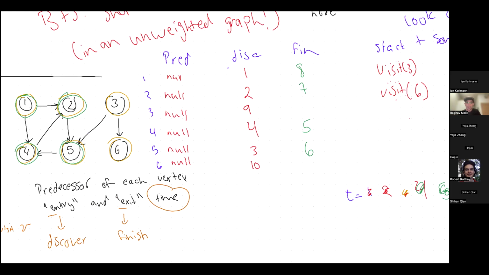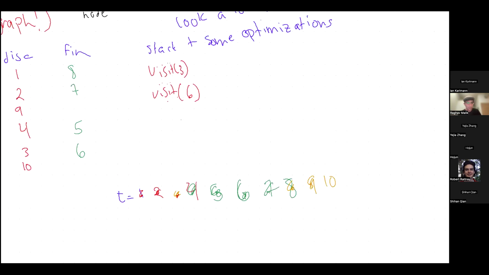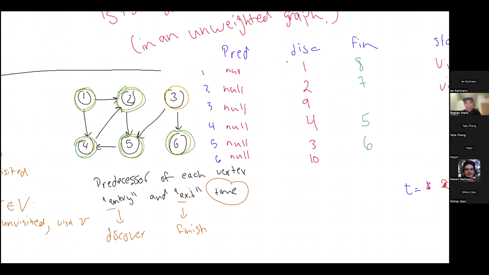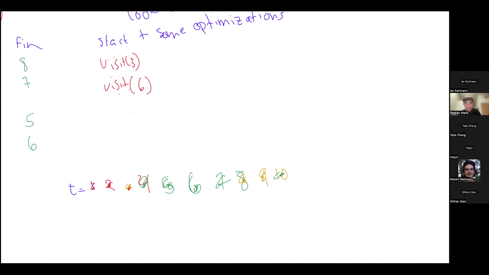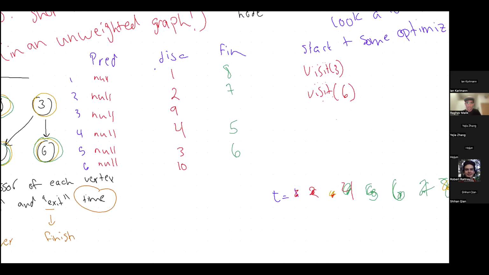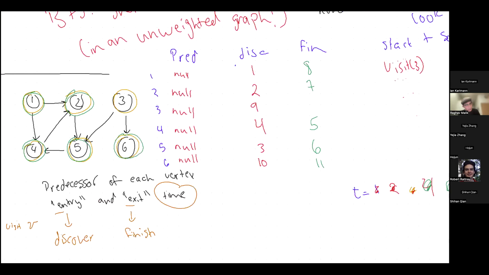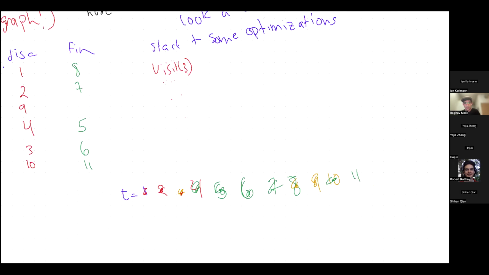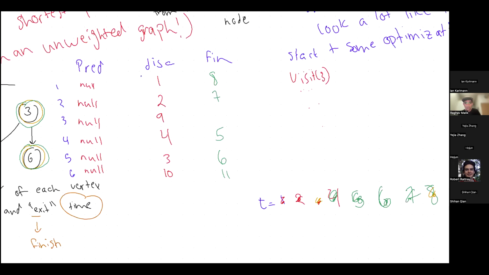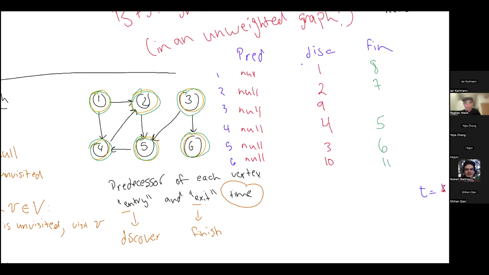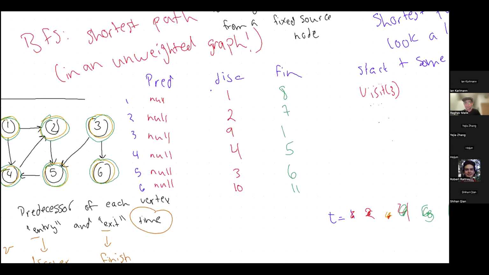I mark it as finished, increment the time, record the finish time as 11. And then I pop it off the stack, which puts me back at 3. There's no more outgoing edges, so I can mark 3 as being finished. Increment the time there, mark the finish time for that, and pop it off the stack.